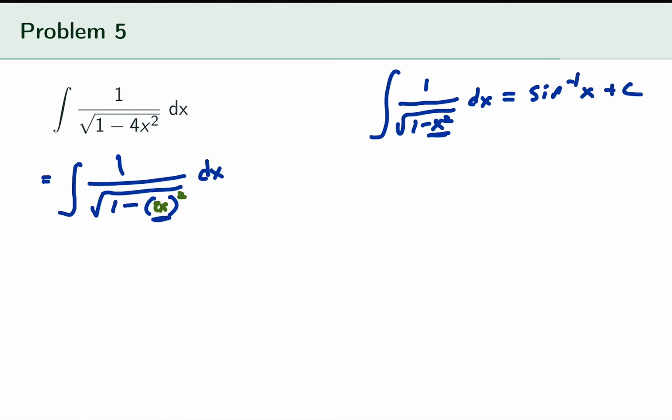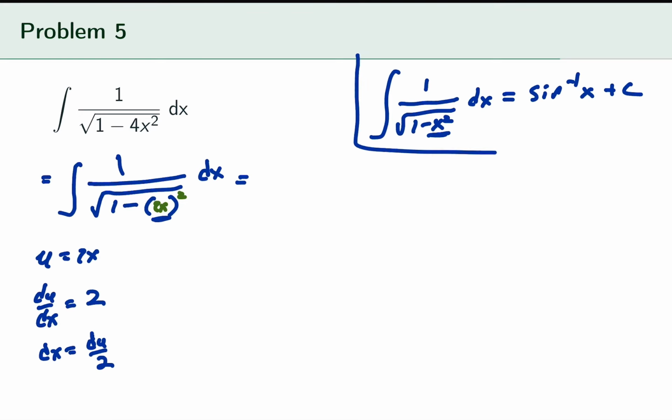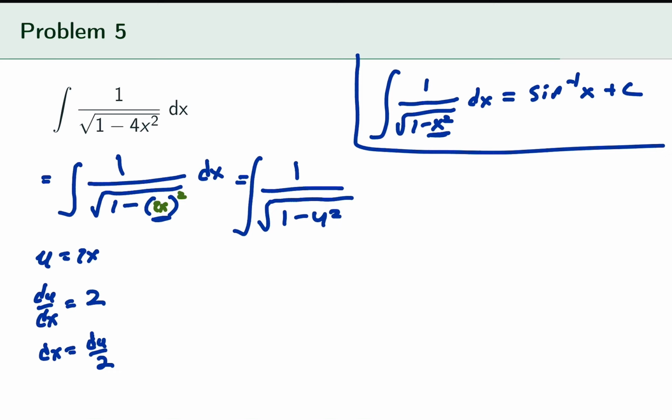So this allows us to do u substitution. So in this case, let u be 2x, then du dx equals 2, dx equals du over 2. So let's plug those in here. Then we have 1 over integration square root of 1 minus u squared, dx was du over 2, which we get half.